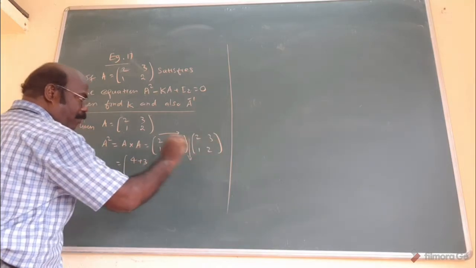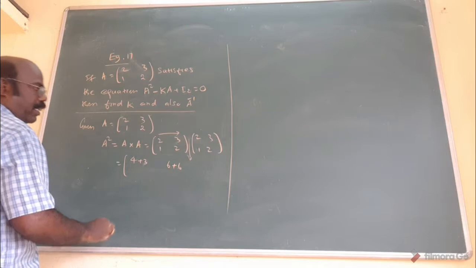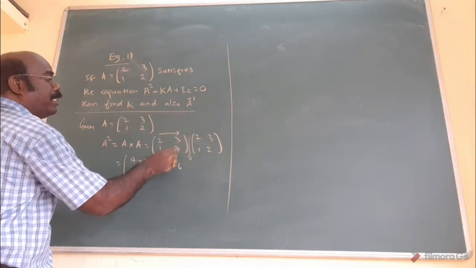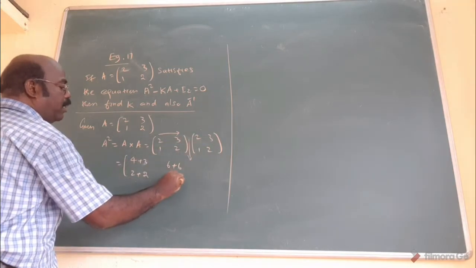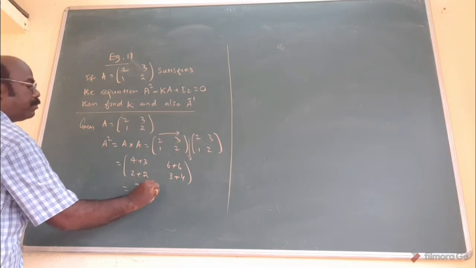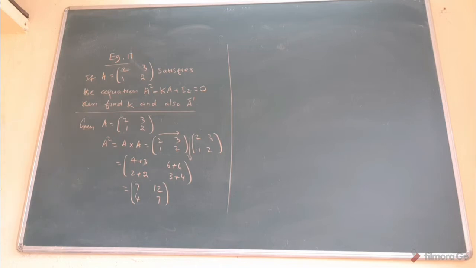First row, next column: 2 into 3 is 6, again 3 into 2 is 6. Now second row, first column: 1 into 2 is 2, here second element, 2 into 1 is 2, so 4. In this way you want to multiply. Important concept. The matrix multiplication is very, very important.